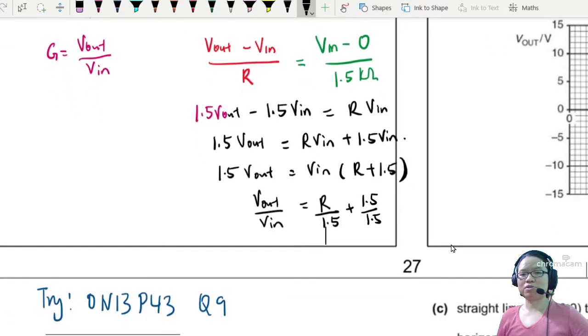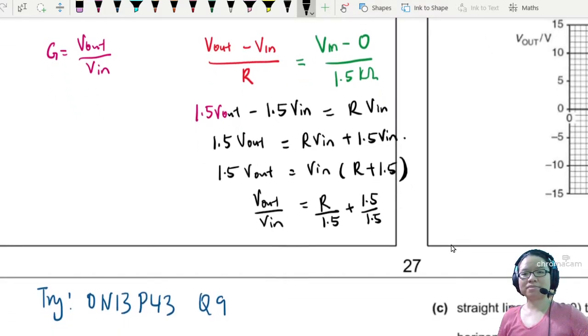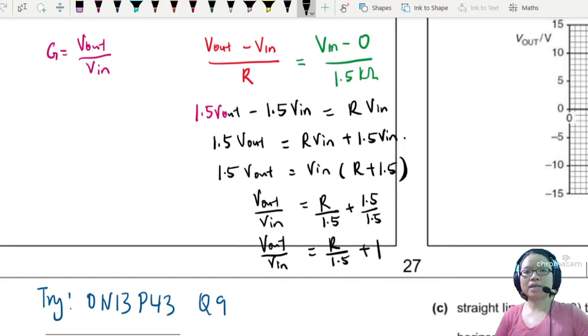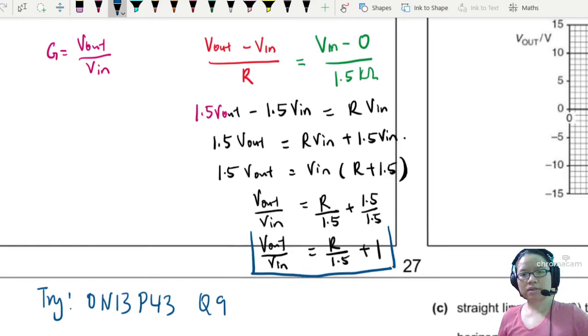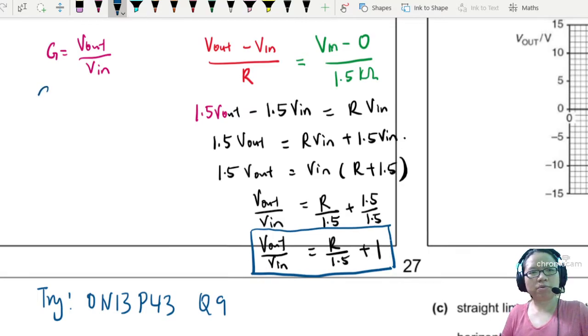And this one happens to be 1. So I can now say V out over V in is R over 1.5 plus 1. And this is the one that we will use. Let me draw a box around this. So from here, gain is equal to R over 1.5 plus 1.